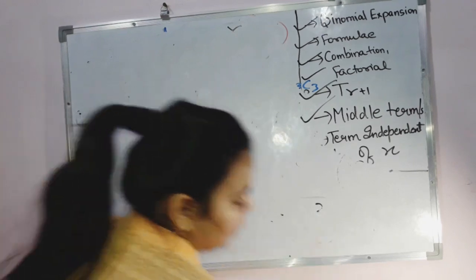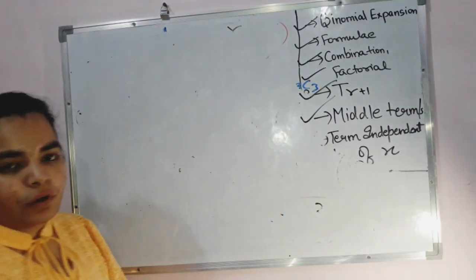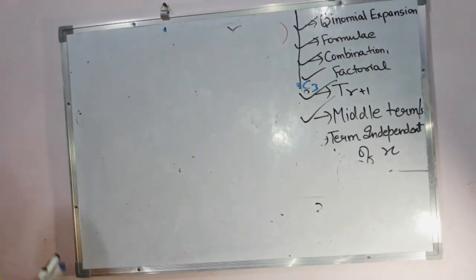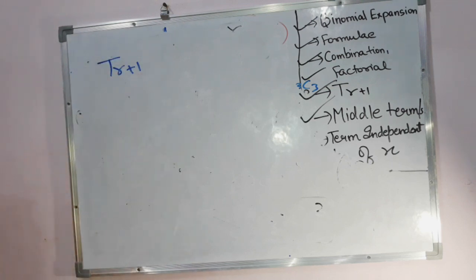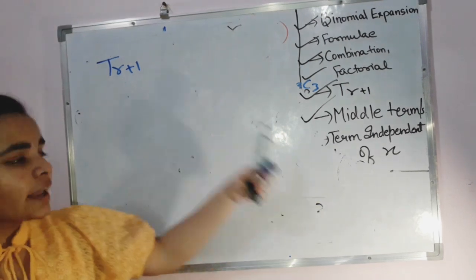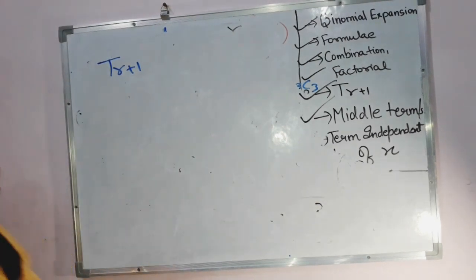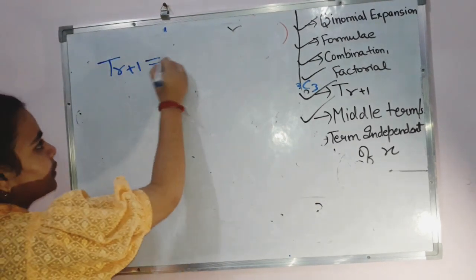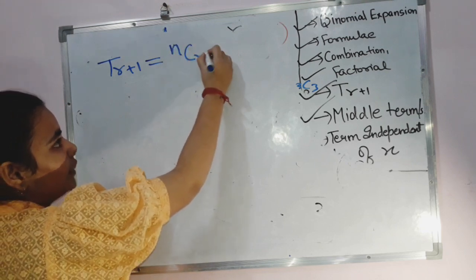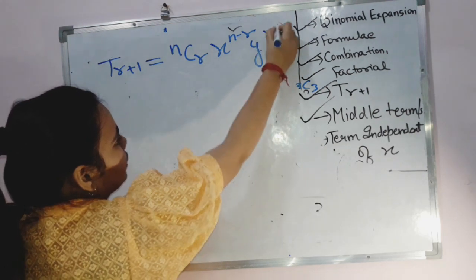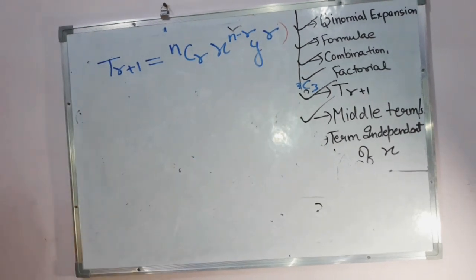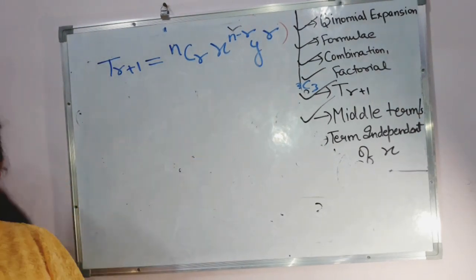Let that term which is independent of x be T(r+1). Let us assume that the term independent of x is the (r+1)th term. What will be the formula for this term? We'll have it as nCr, x raised to the power n minus r and y raised to the power r. So by this formula, you solve for it.